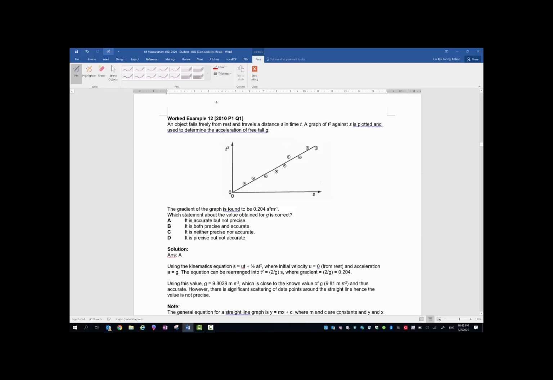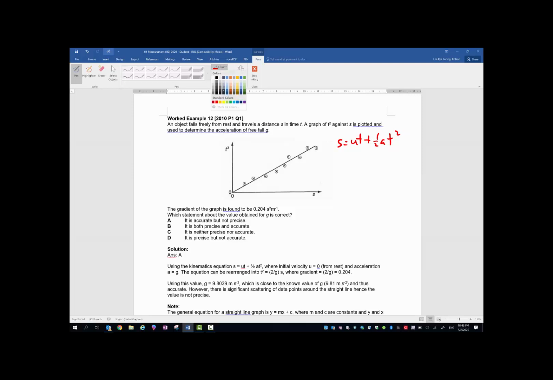So, an object falls freely from rest and travels distance s in time t. A graph of t squared against s is plotted, and this is the graph that you get. Okay, so it falls freely, so we know this formula: s equals ut plus half at squared.